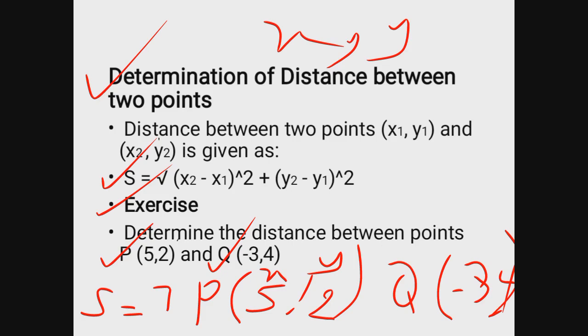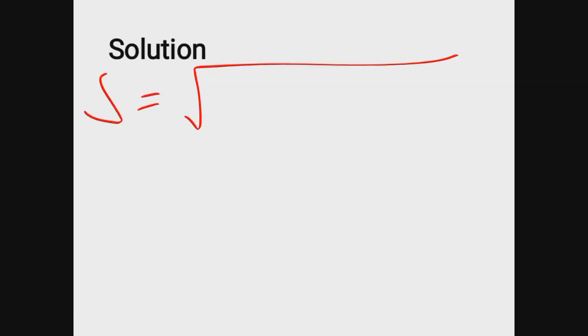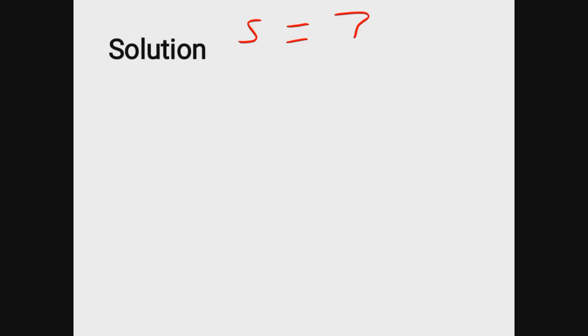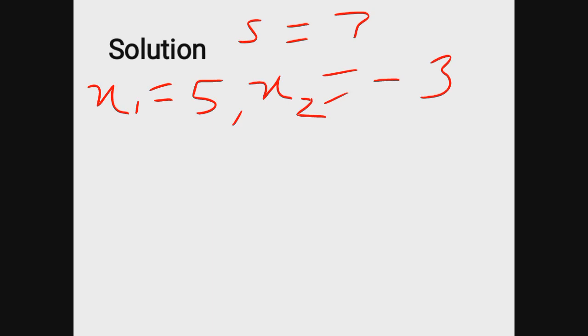What is the problem at hand? The problem is that we want to get the distance between 2 points. And what are the points given? According to the question, x1 equals 5, x2 equals -3, y1 equals 2, while y2 equals 4.